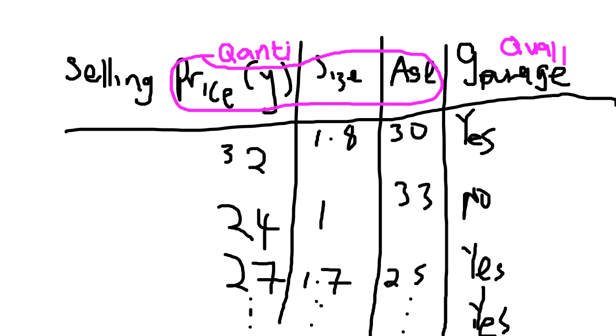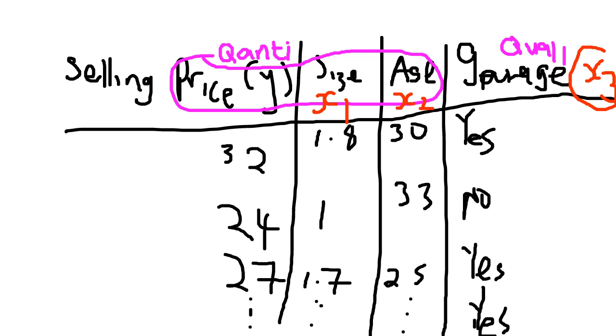this last variable, now we can call it what? Now we have three independent variables. We have x1, we have x2, we have x3. So when you check your x3 now, your x3 is not quantitative, it's not numbers.